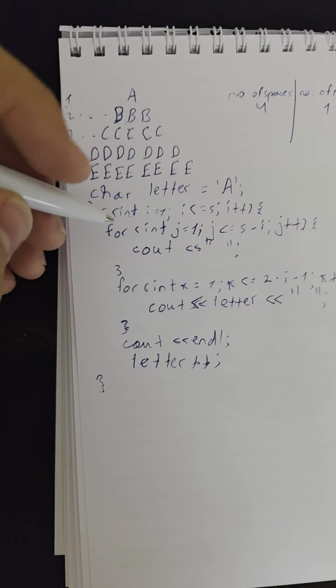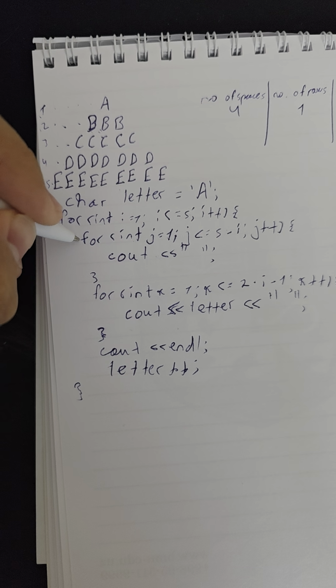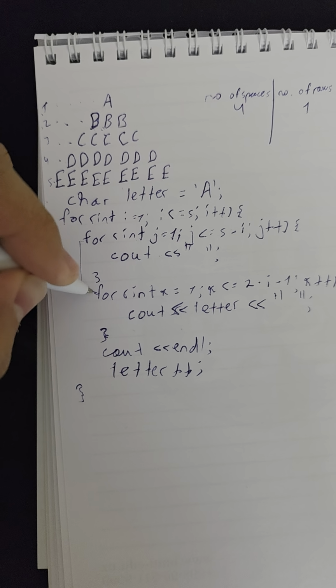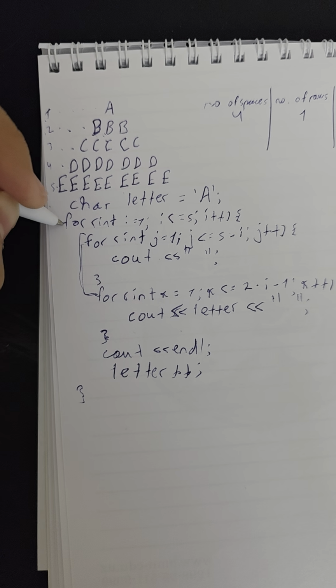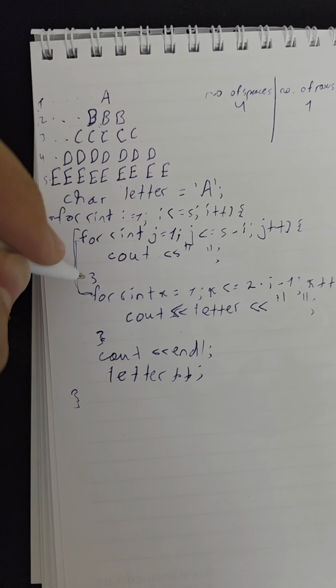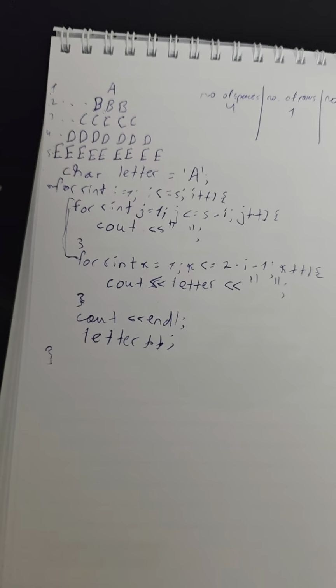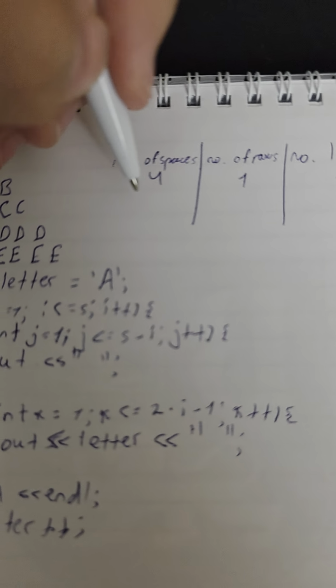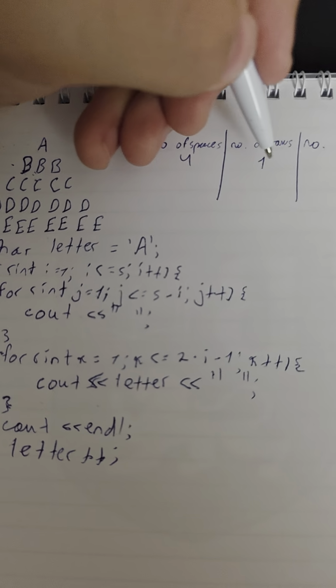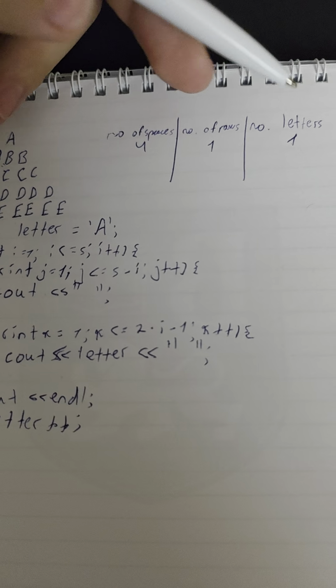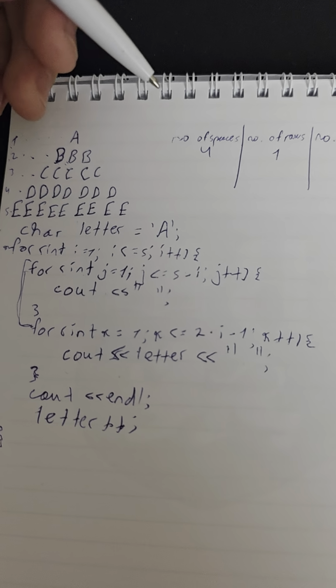So here is the full code. We have two inner loops and one outer loop. Yes, that's it. So the number of spaces will be equal to 4, number of rows equal to 1, and number of letters equal to 1.